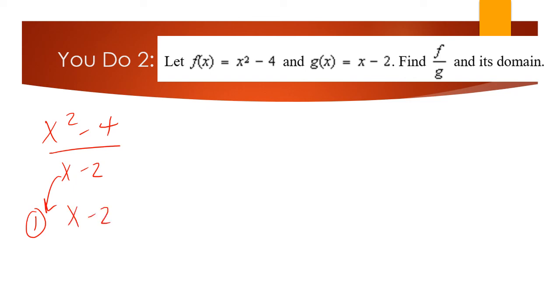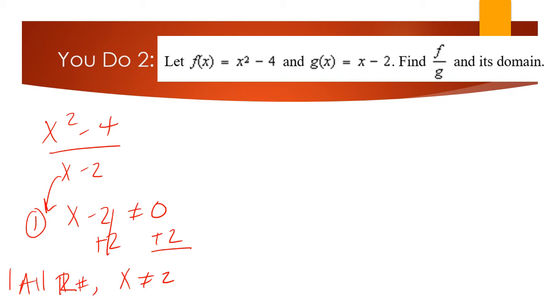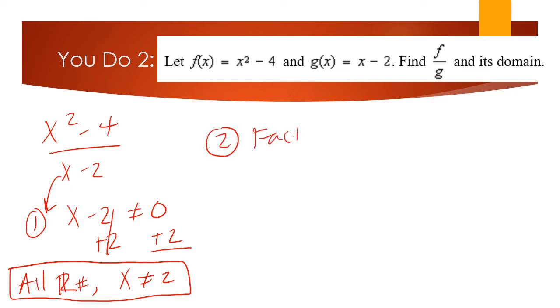So we have x minus 2 cannot equal 0. And add 2 to both sides. So we know that x cannot equal 2. So it's all real numbers, but x cannot equal 2 is our domain.